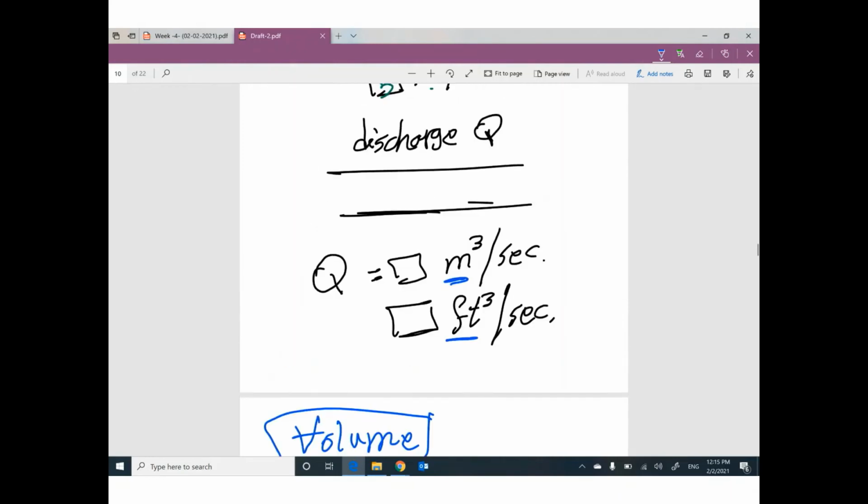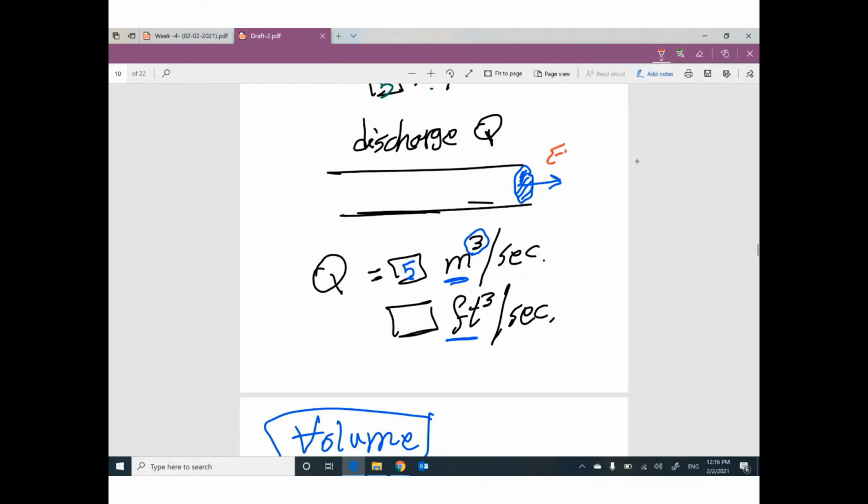That means, for example, if you have 5 cubic meters per second, at this location we can expect a volume of water equal to 5 cubic meters will flow every second.